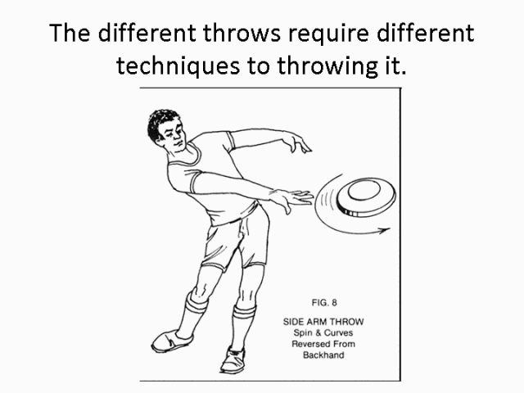A different way to throw the Frisbee is sidearm. To throw sidearm, a right-handed person has to have their left foot forward. When in stance, the person holds the disc with two fingers and flicks the disc on the right side of their body. The third way to throw a disc is the tomahawk.